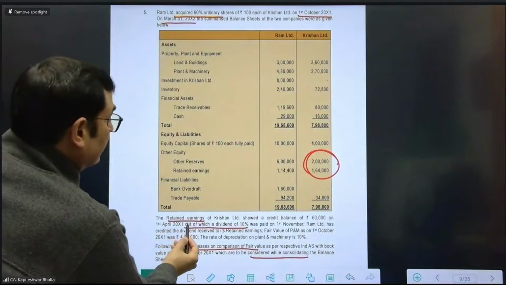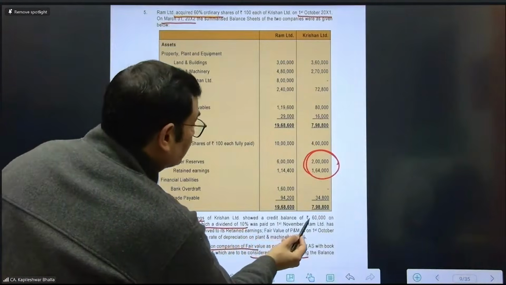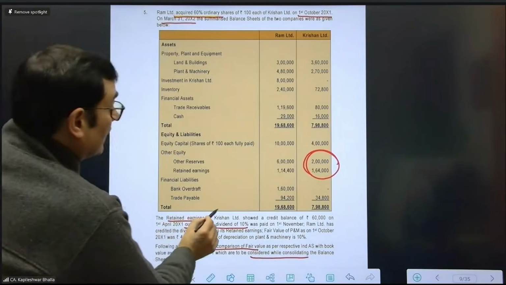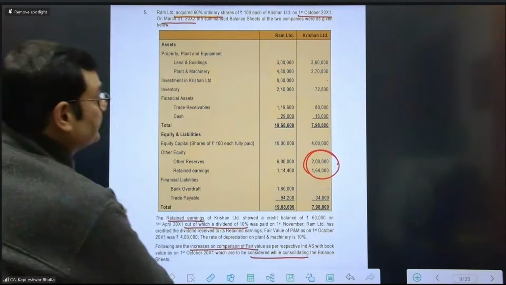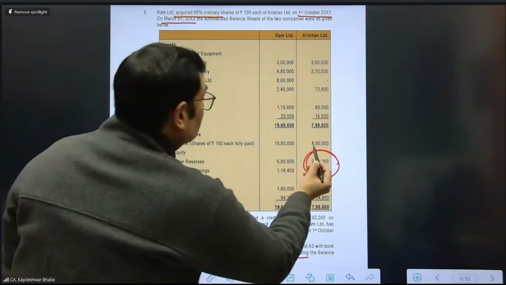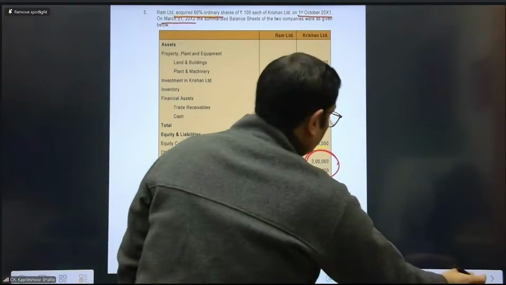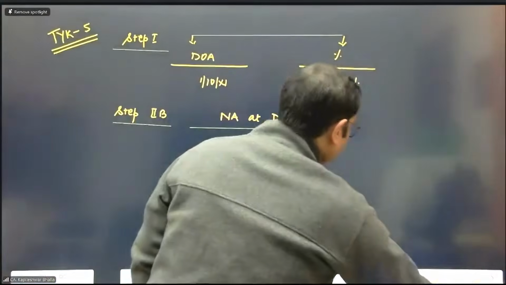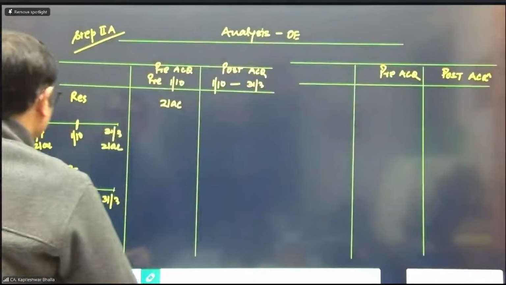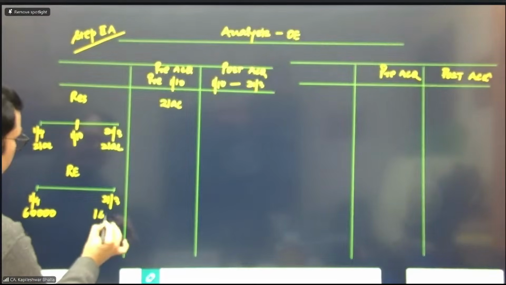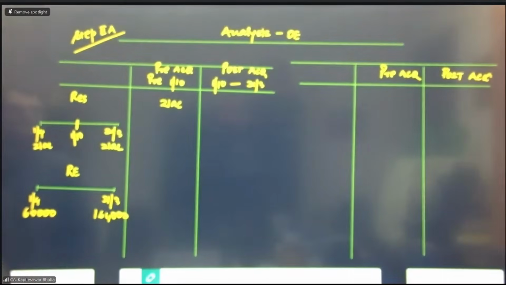And it says retained earnings showed a credit balance of 60,000 on 1st April X1, out of which a dividend is paid. So dividend is paid on the share capital of 4 lakh rupees, that is 10%. So the balance at the beginning is 60, and the balance at the end is 164.